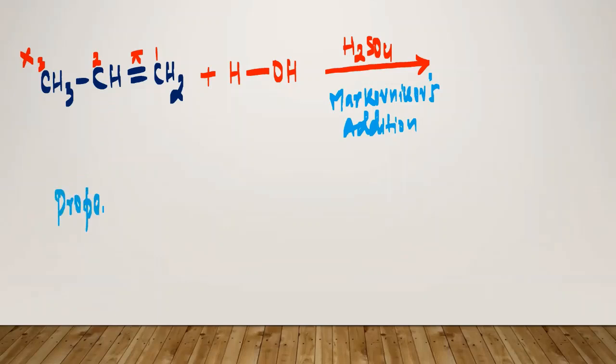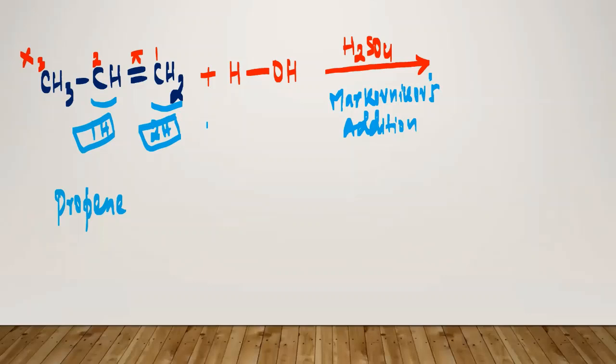If you look at carbon number 2, it contains fewer hydrogen atoms, only one hydrogen. And carbon number 1 has 2 hydrogen atoms.